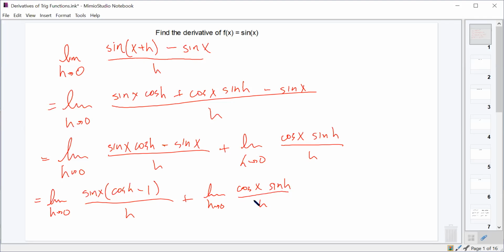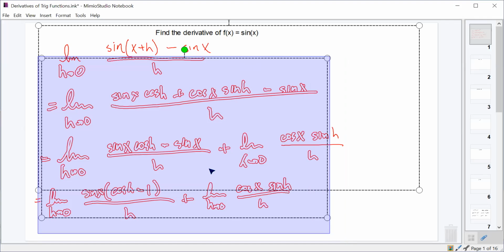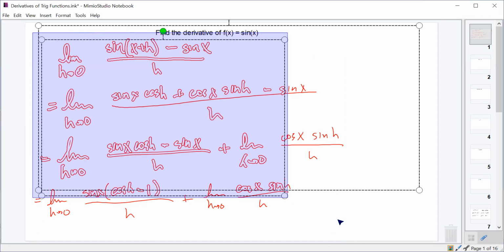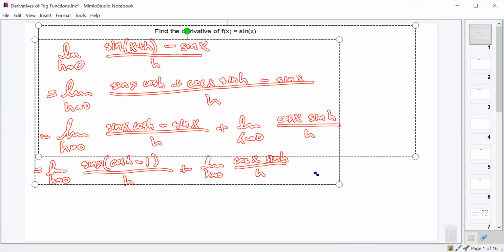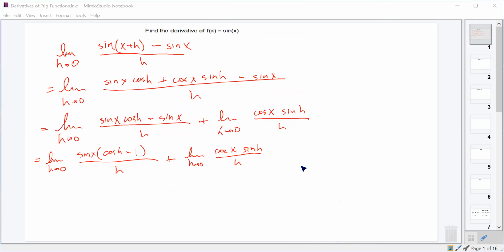Well, what do we notice in both of those? What do we notice in both of these ones down here at the bottom? They're both over h, right?